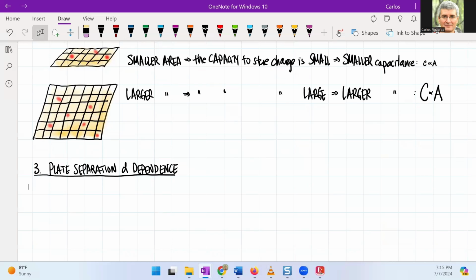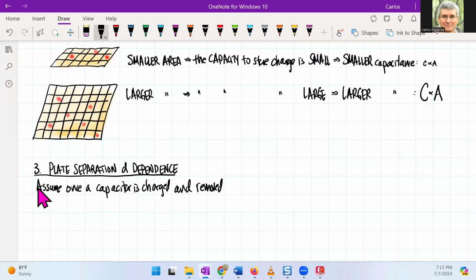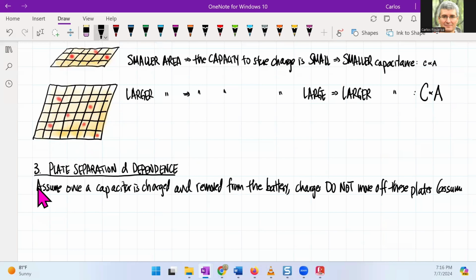So the one thing that we should think about here is that, assume once a capacitor is charged and removed from the source of energy, the battery, charges do not move off these plates, assuming no dielectric breakdown.